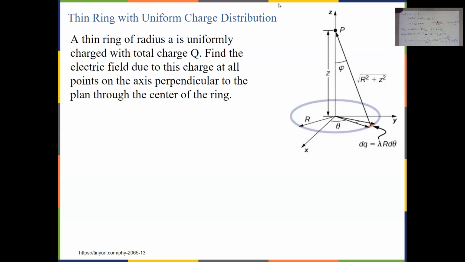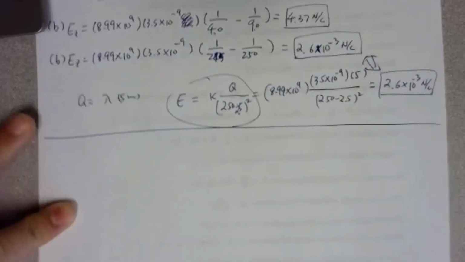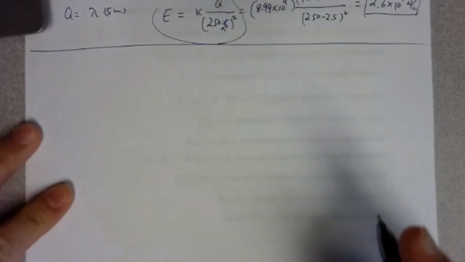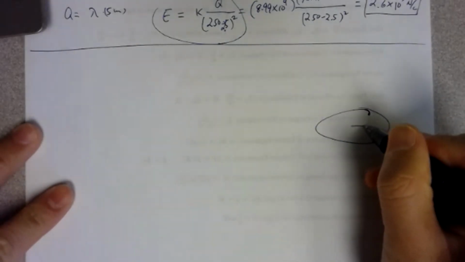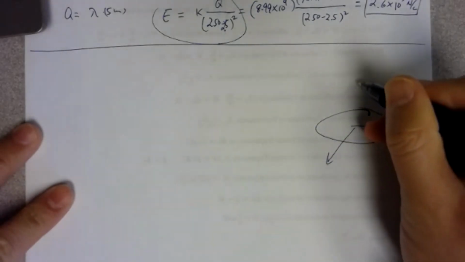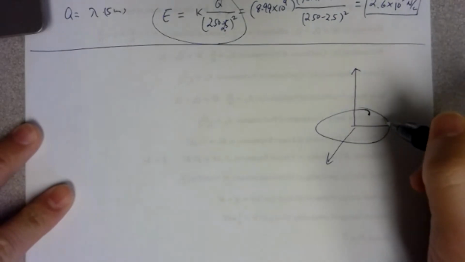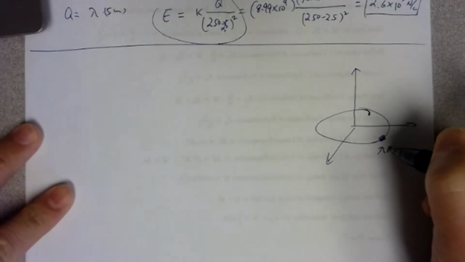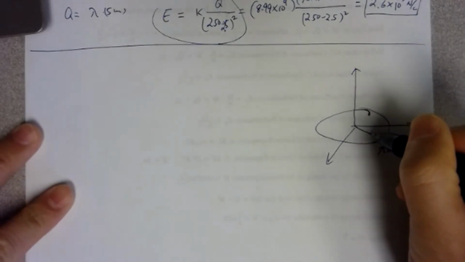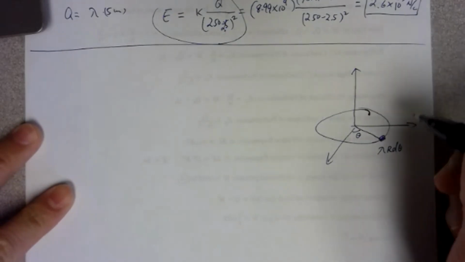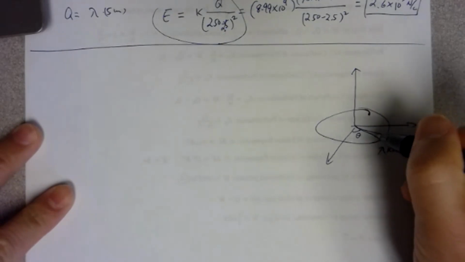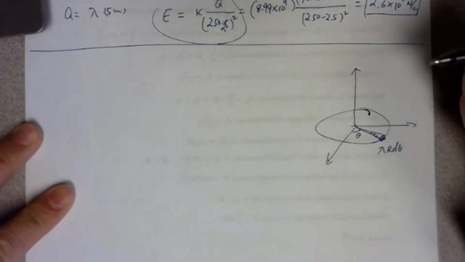So with that, let me show you on the paper here. A ring, and then axes Y, X, and Z. The small portion over here is lambda r d theta, where this is angle theta and that's d theta, the small angle.